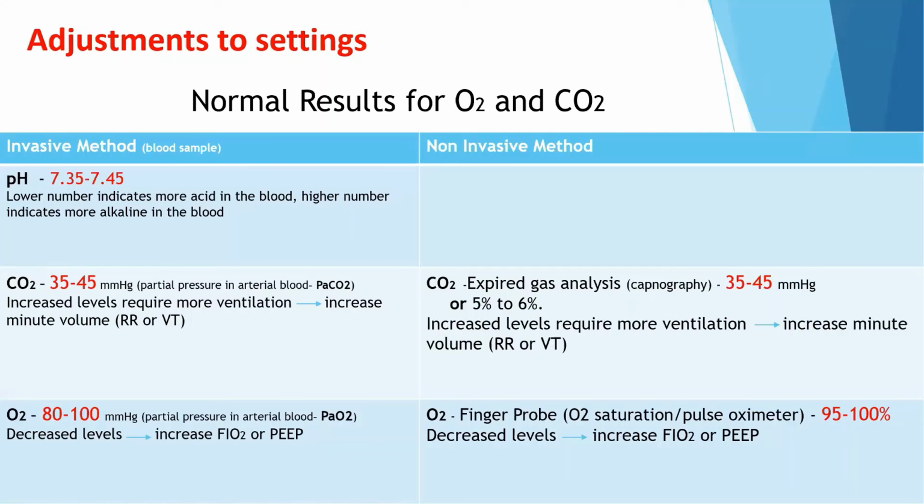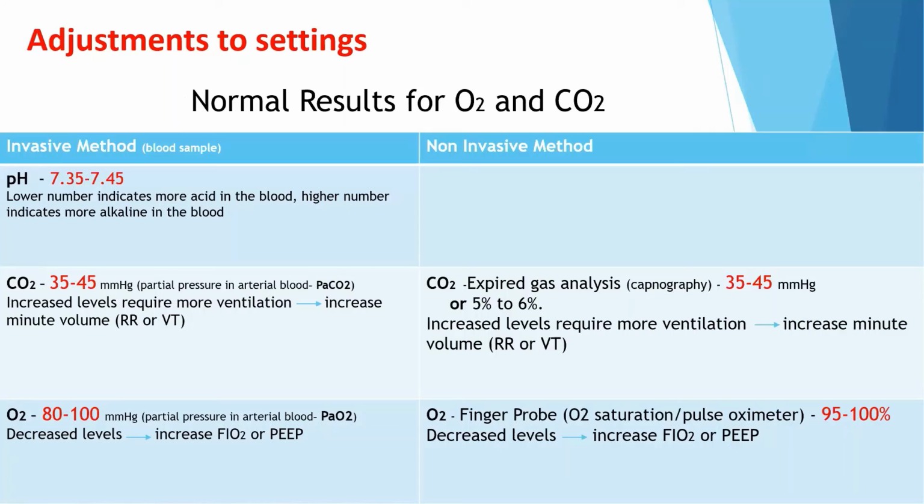Normal results for oxygen and carbon dioxide can be received from an invasive method or from a non-invasive method, as previously described. For the blood sample invasive method, a pH will be received from this evaluation, and a lower number indicates more acid in the blood, and a higher number indicates more alkaline in the blood.